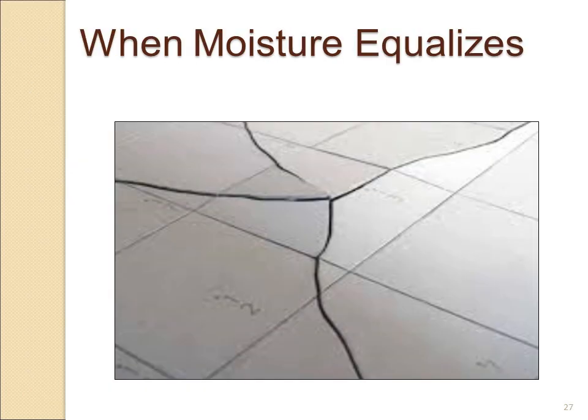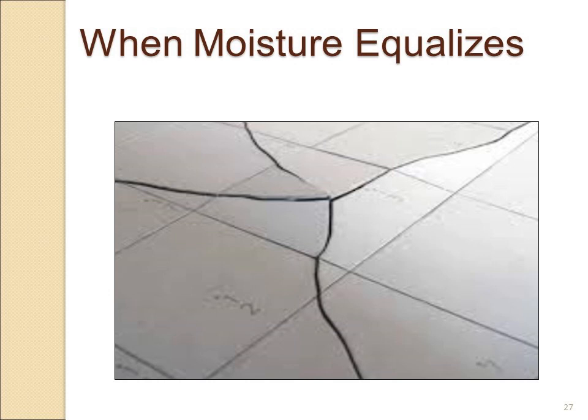Now, after the building is enclosed, after you have an equalizing of moisture within the slab, because now the HVAC has helped to stabilize the environment, and also you have a floor covering tile over the surface of the concrete, maybe a membrane, the moisture in the slab equalizes.